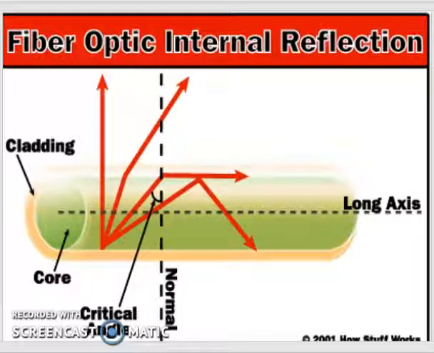This angle of incidence is called the critical angle. In the optical fiber cable, the rays undergo repeated total internal reflection until they emerge out of the other end of the fiber, even if the fiber is bent.